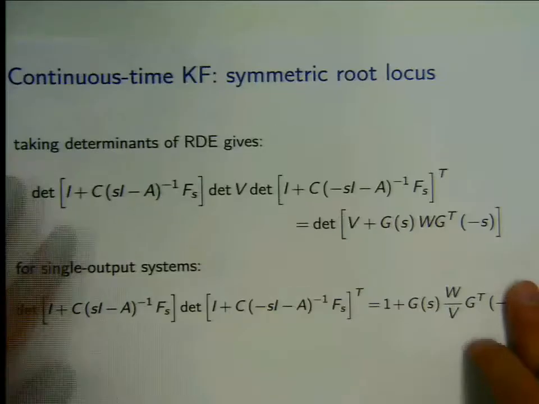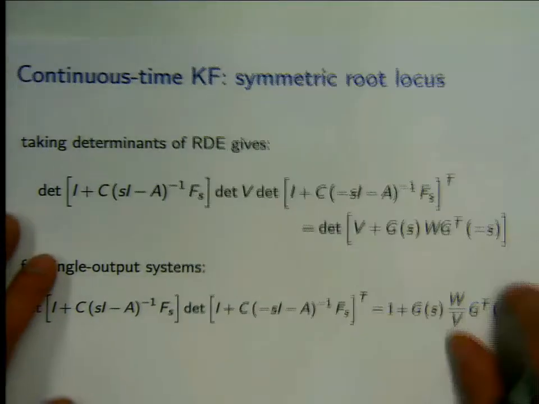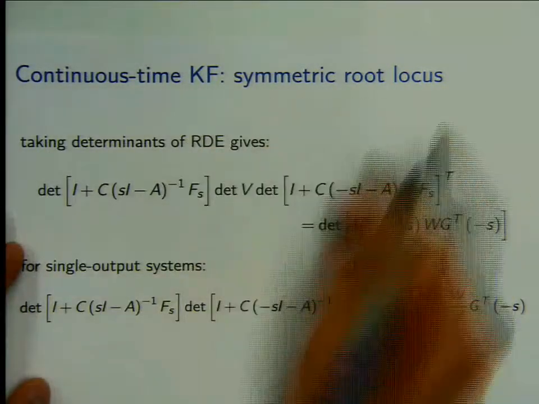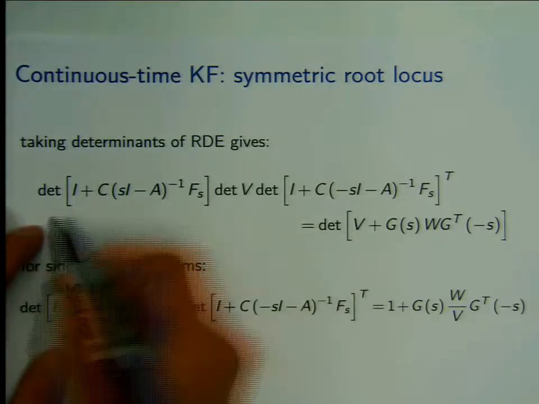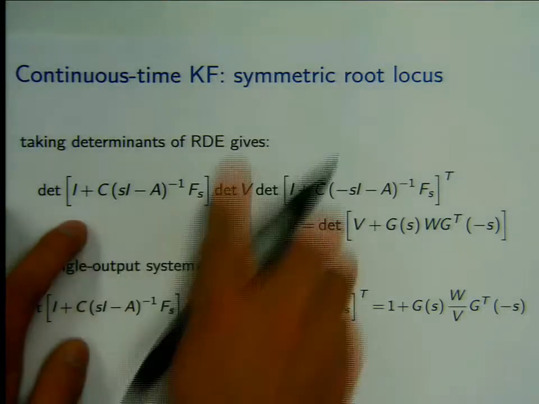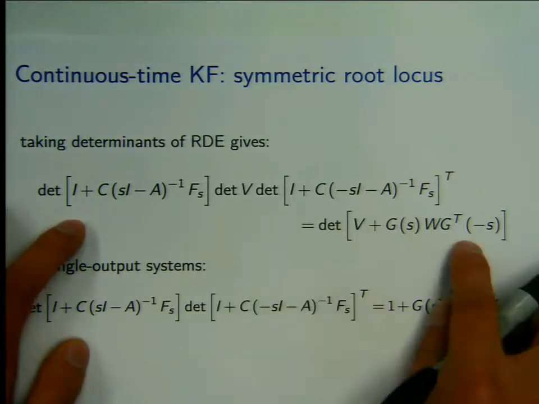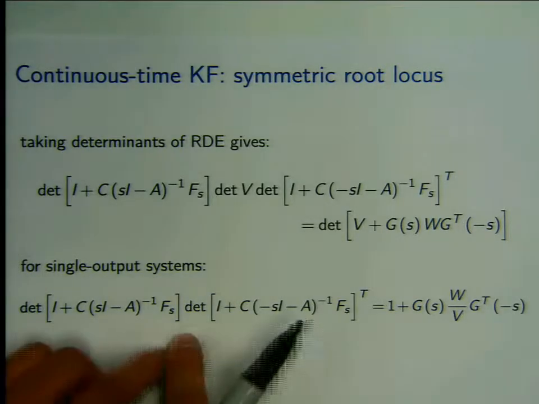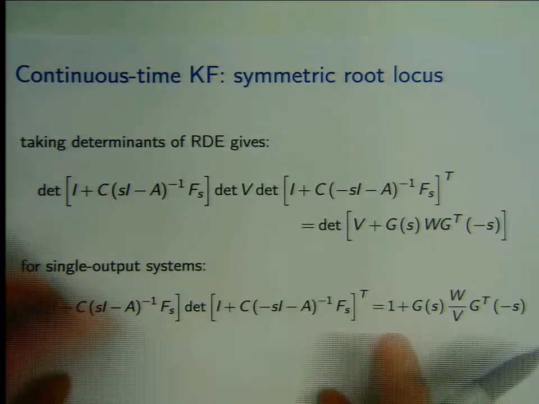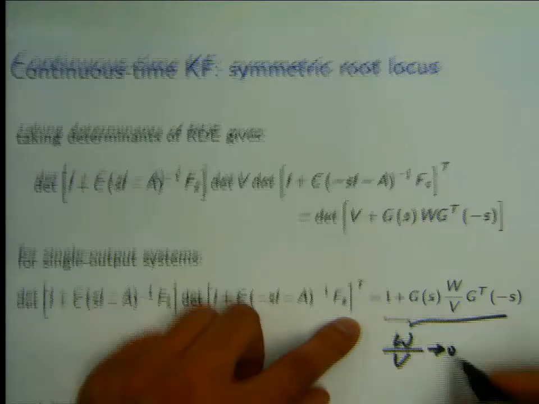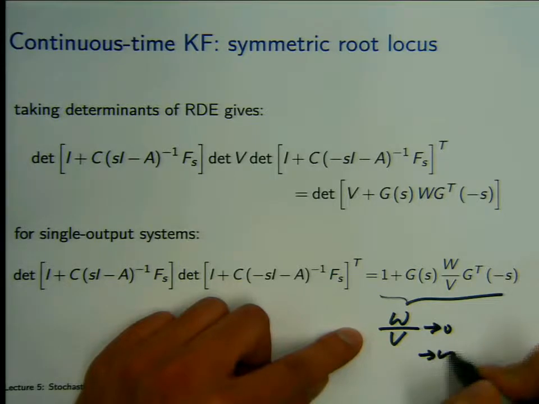Okay, so I'm just going to finish up quickly by telling you that for the continuous time Kalman filter, there's also a symmetric root locus, which is obtained by taking the determinant of the return difference equality, very similar to what we have done in the discrete time case. For a single output case, we can analyze what will happen if V divided by W approaches 0, and what will happen if it approaches infinity.